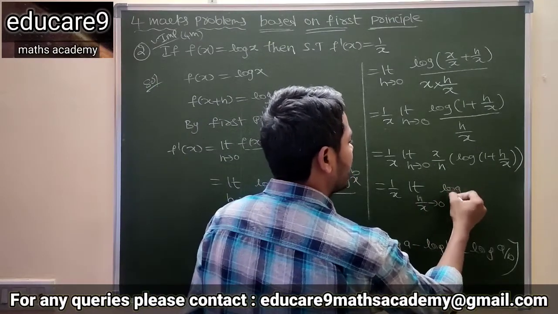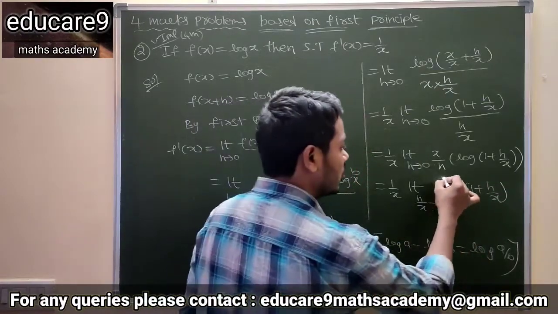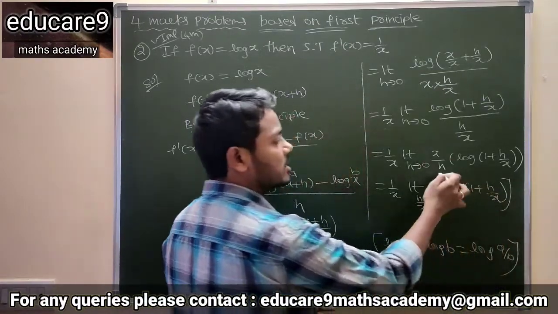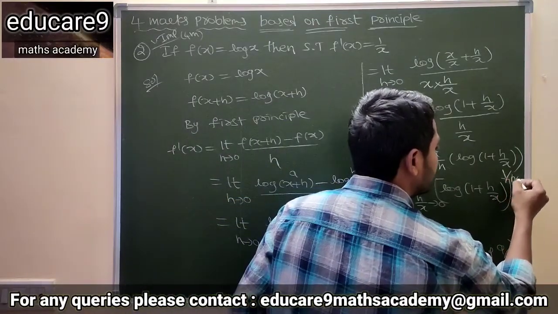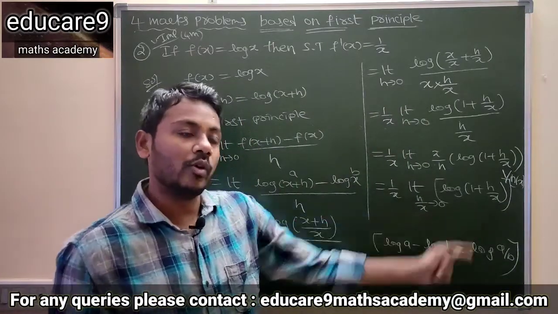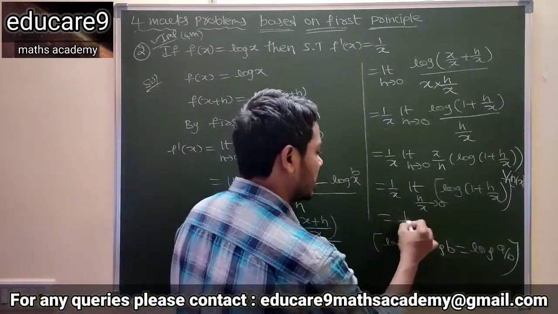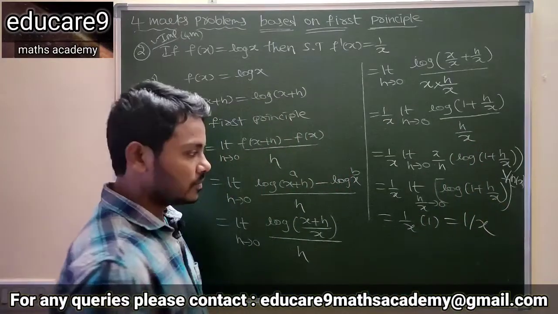This is log of 1 plus h by x whole to the power of x by h, that can be written as 1 by h by x. So clearly this value is 1. So this is 1 by x into 1, we will get 1 by x.